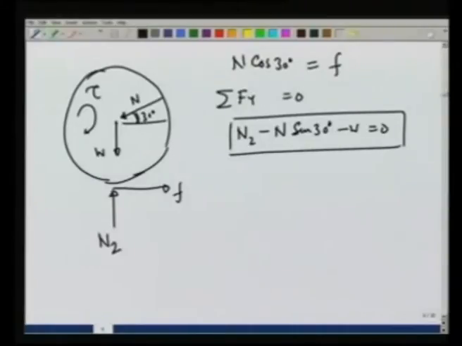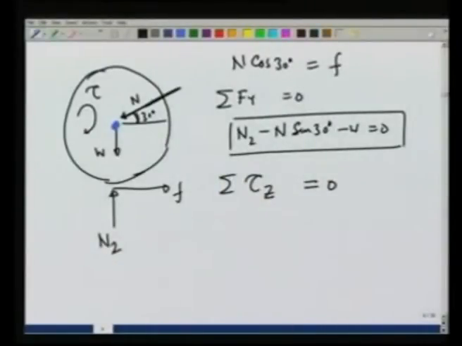And the third condition for the torque is summation tau about Z is equal to 0. Let me take the torque about the center of the wheel right here shown by blue. If we do that, the torque due to normal reaction N vanishes.